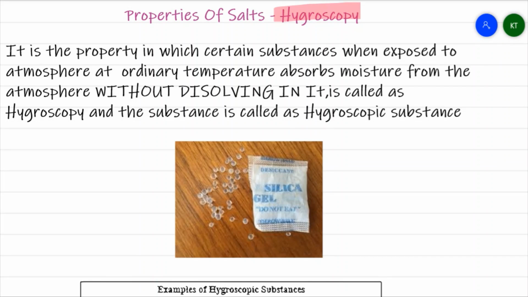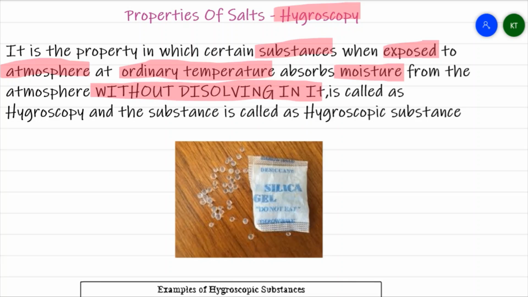There are certain substances which, when we expose them to the atmosphere at ordinary temperature, show a tendency to absorb moisture from the air, but they do not dissolve in it. Unlike deliquescent substances, these substances do not dissolve in it.